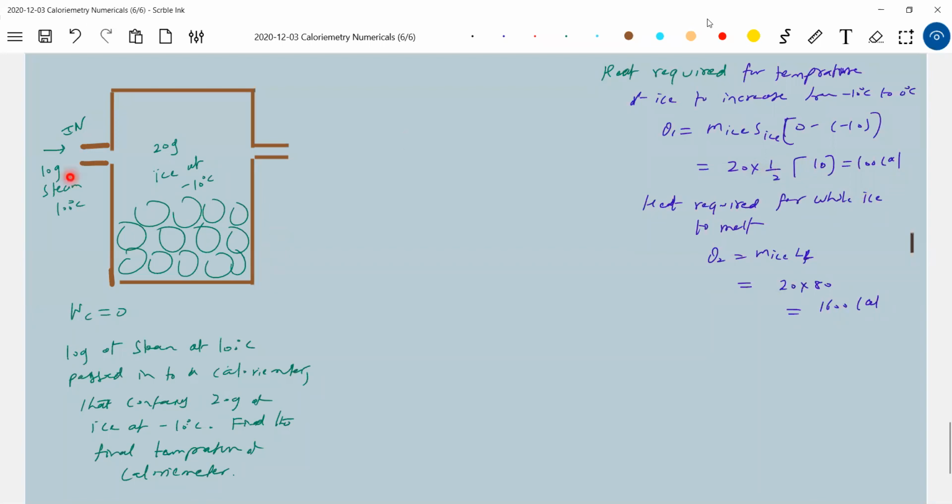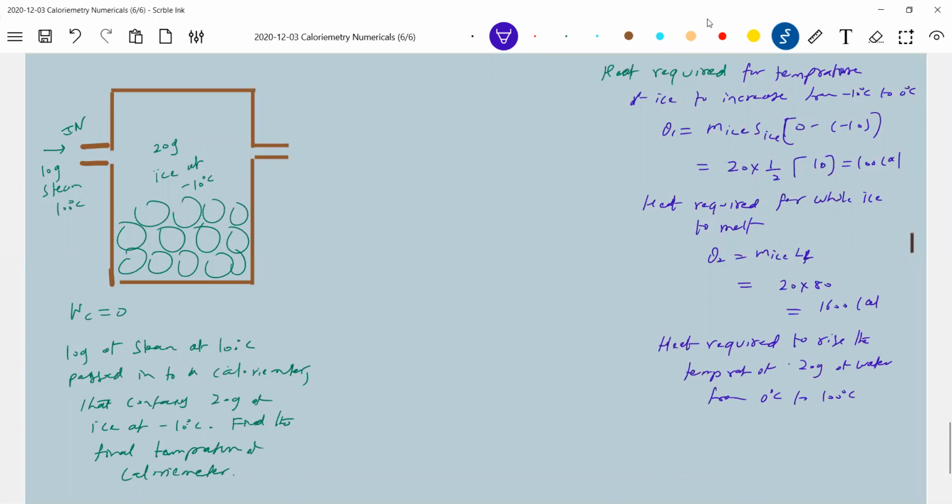If all the steam condenses, 5400. So what do we expect? Should all the steam condense or only a part of the steam condense? So I'll get into this one. Heat required to raise the temperature of 20 gram of water from 0 degrees Celsius to 100 degrees Celsius.